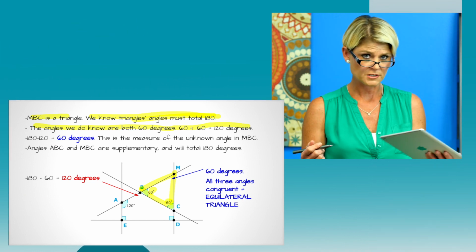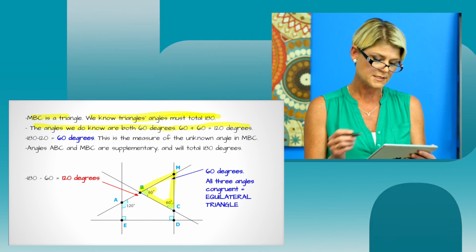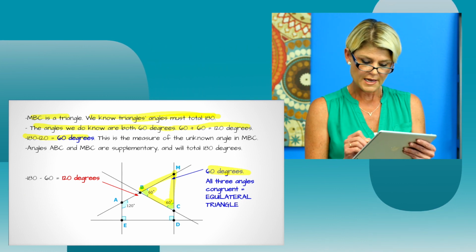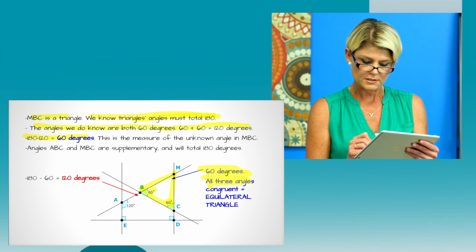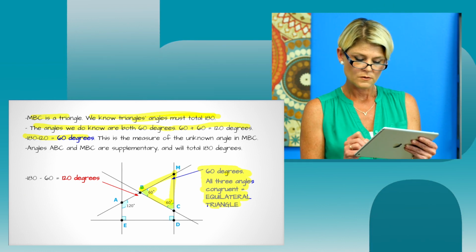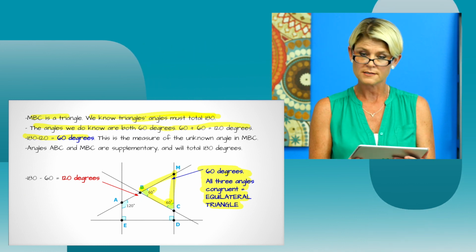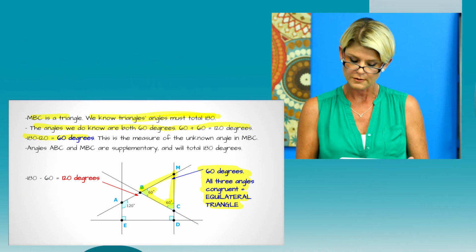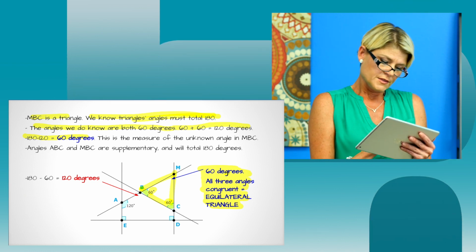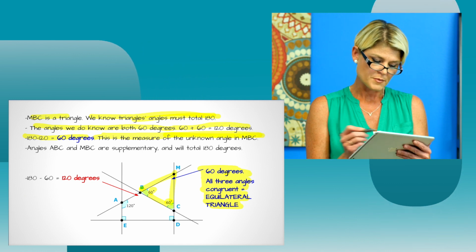And if a triangle's interior angles have to add up to 180, we would just have to subtract 120 from 180 to know that this angle is also going to be 60 degrees. Knowing that all 3 angles are congruent tells us that this is an equilateral triangle. They all have the same measurements. Okay, so that would be the measure of the unknown angle in MBC.